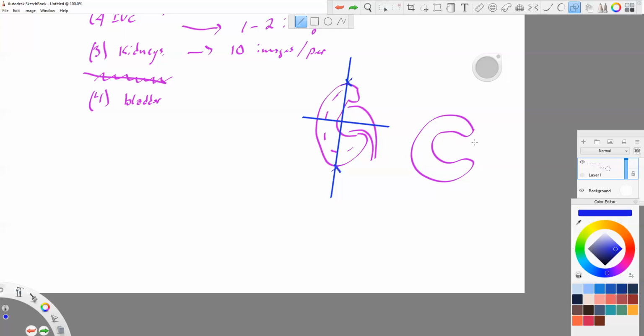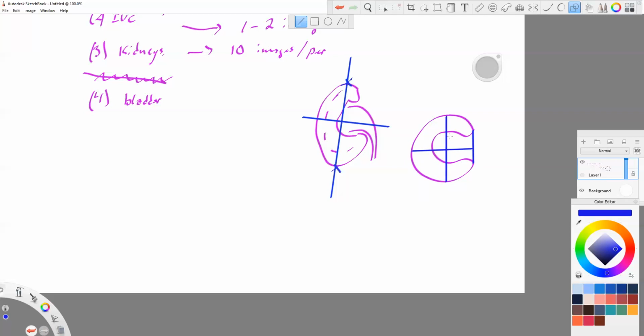If we could close the C, we can close that C from here to here. Just imagine that line, and then we actually put our caliper across there. That would be the height.